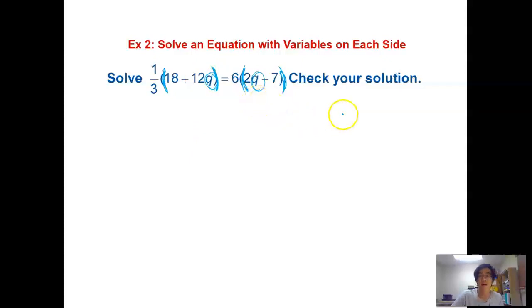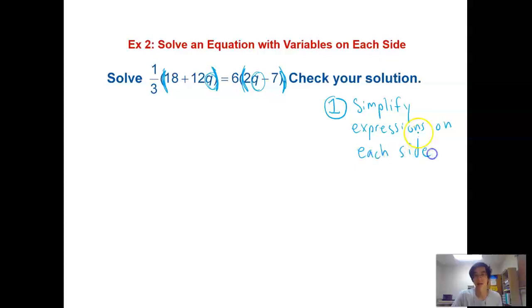So the first step I want to do, I'm going to write step number 1 over here, is that I want to simplify, and feel free to write these steps down, the expressions on each side of the equation.